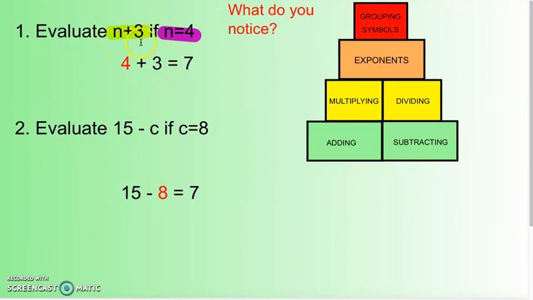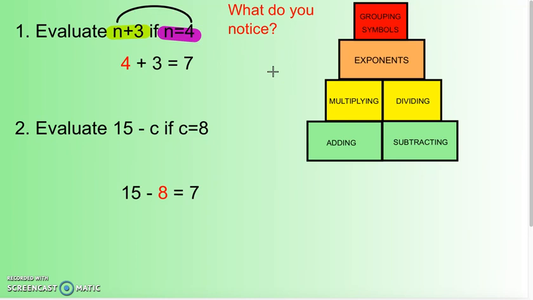Well, that's our algebraic expression. And after it, there's the word if. And what follows it is what's really important because they actually give us what the secret number is. It says n equals 4. That means that I can plug in this 4 for n.